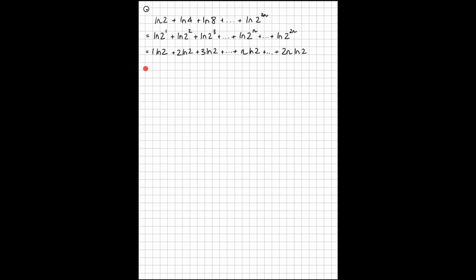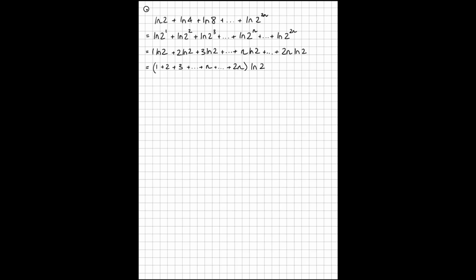So we can factor out log 2, which is multiplying all of these. We'll have 1 plus 2 plus 3 and so on, plus n and so on, all the way up to 2n, and all of that is multiplied by log 2.